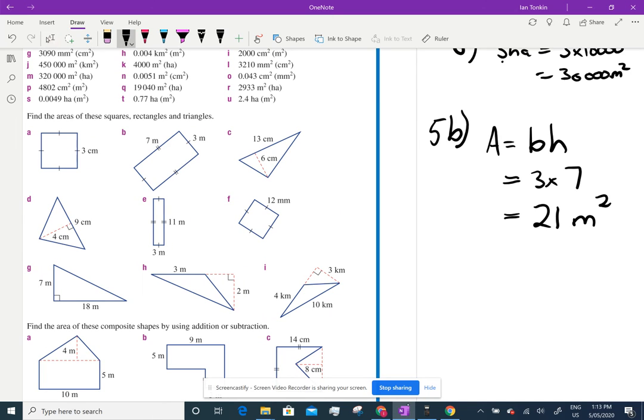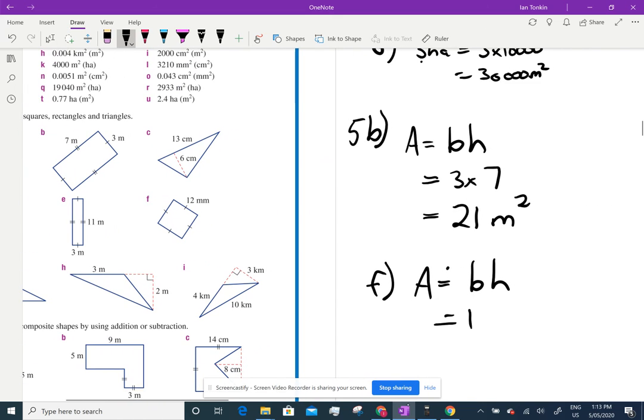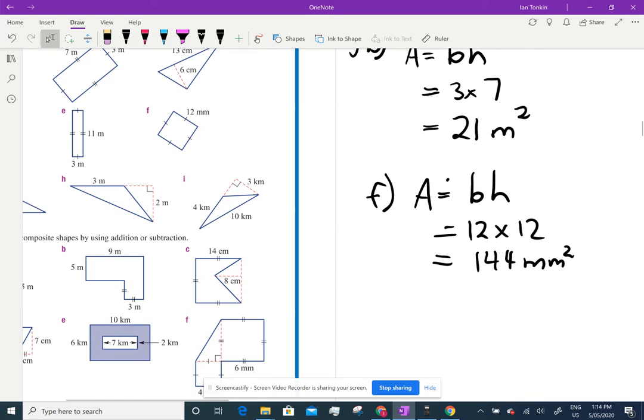I'm going to do F because I've already done a rectangle, so F, which is a square. So area equals BH. The fact that the B and the H are the same makes no difference. 12 times 12 is 144. What units are we in? Millimeters squares. I prefer you to say that than millimeters squared.